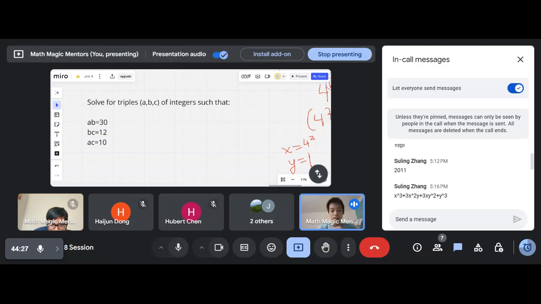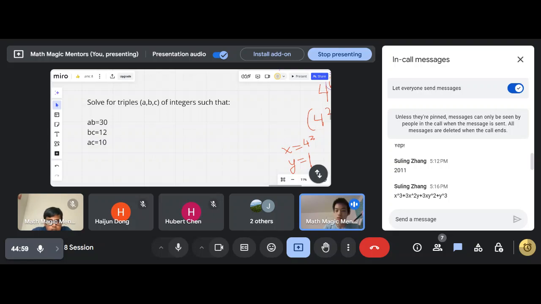Well, let's look at these expressions one more time. So I'm just going to read it one more time. For triples ABC of integers such that AB equals 30, BC equals 12, and AC equals 10. It's kind of interesting here because if you look at each of these three equations, the left-hand sides are always products of two distinct variables, so two different variables like AB, BC, and AC.